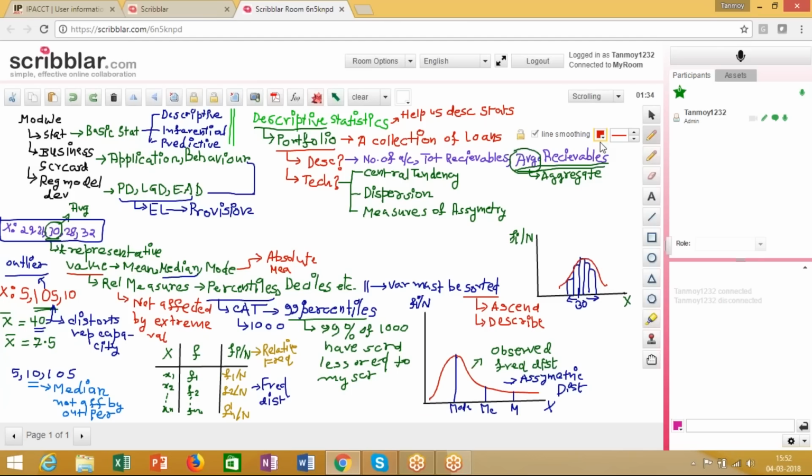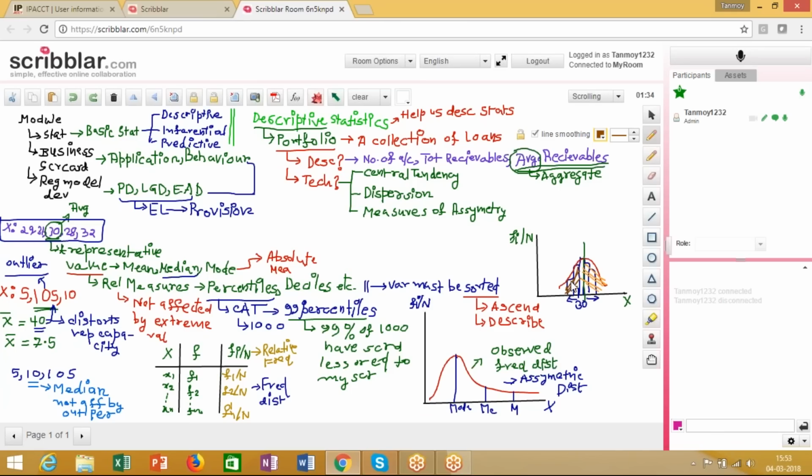So what does symmetric mean? Geometrically, it means that if I split this distribution from the middle, the shape of the distribution on the right hand side and the one on the left hand side will be very similar in shape. There would not be much of a variation.